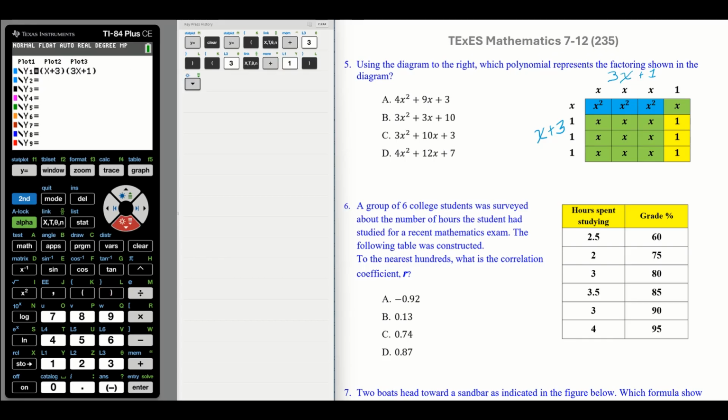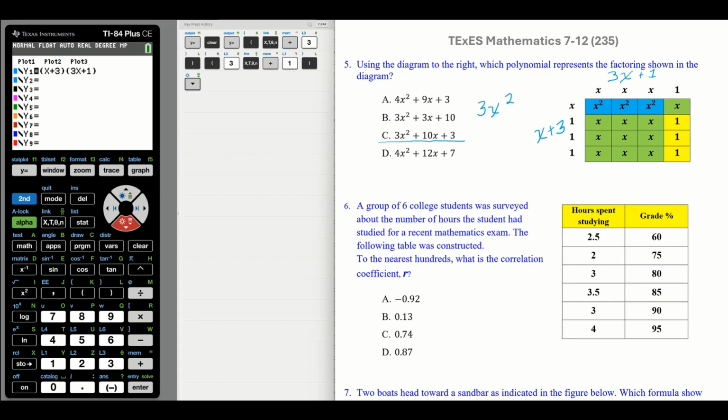Now, I'm going to come down and do a little FOIL on that. Well, I think it's going to start with 3x squared. And at the end, 3 times 1 is 3. So which one would that be? C. You see what I did?